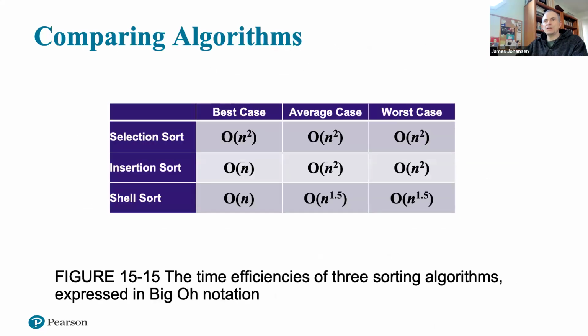I think it'd be a little bit easier to capture that in the video notes, but we can see for these first two, the selection sort across the board takes big O notation n squared. For the insertion sort, at least for the best case, it's better. And for the shell sort, it's down from 2 to 1.5. So it is an improvement, but there's a little bit more we can do beyond that.